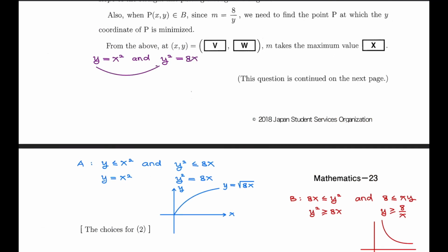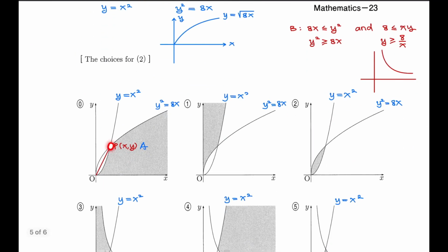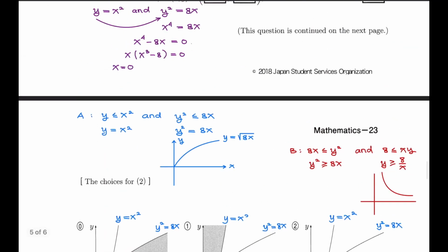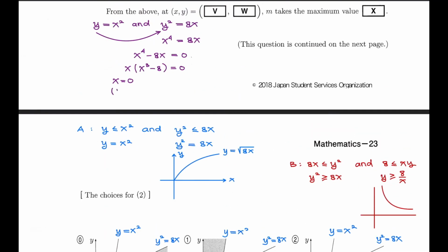Just substitute the value of y. x squared being squared becomes x to the power of 4 equals 8x. x to the power of 4 minus 8x equals 0. Factorize: x times (x cubed minus 8) equals 0. Then I get x equals 0, but this is not our answer because from the graph x is not equal to 0, so I reject this answer.